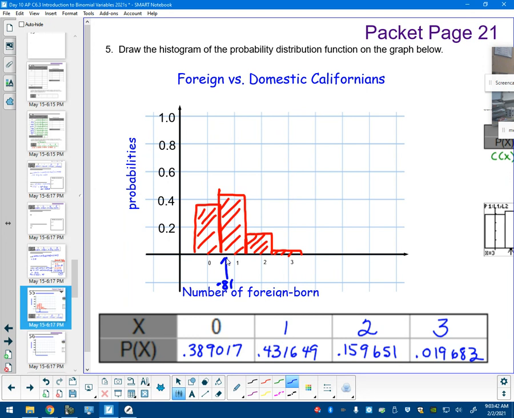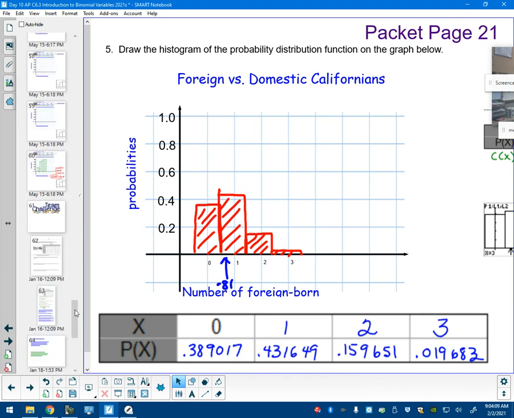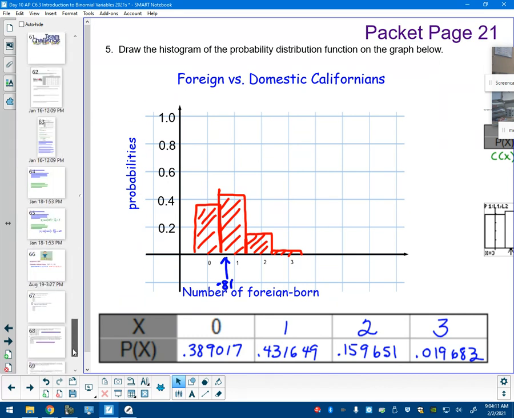So this is a binomial distribution. Tomorrow we're going to accumulate that, and then we're going to start talking about binomial distributions, and you'll get a new packet. So you don't have a whole lot of homework tonight, just the C's from your multiple choice.